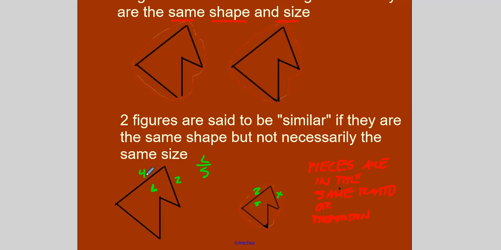Well, this is large to small, so 4 is to 2, as 2 is to x. Going largest to small, 4 is to 2, as 2 is to x. Well, you can cross multiply, you get 4x equals 4. So obviously x has to be 1. So that's what I mean in a similar figure. All the corresponding parts, these are corresponding, and then these are corresponding, are in the same ratio of proportion.